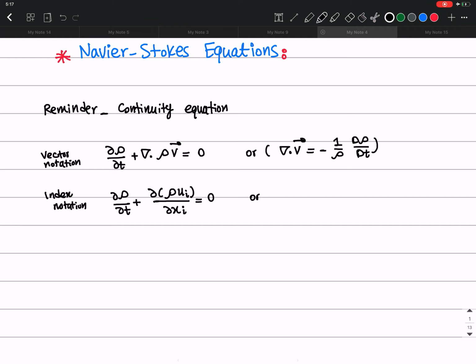Or the divergence, you can write it as partial ui over partial xi equals minus 1 over rho times partial rho over partial t plus uj partial rho over partial xj.